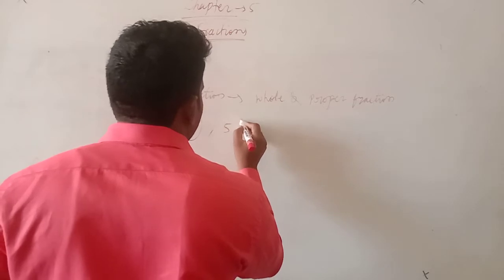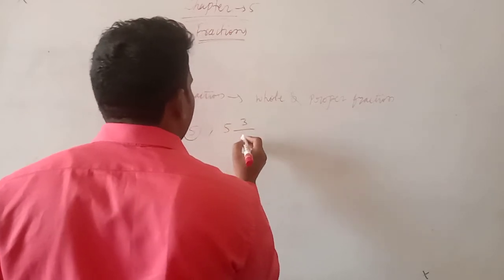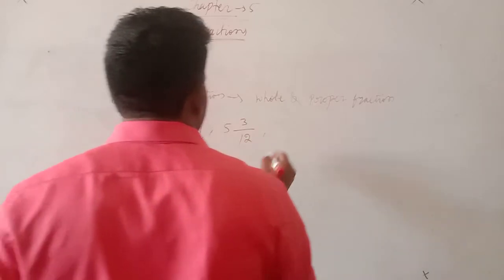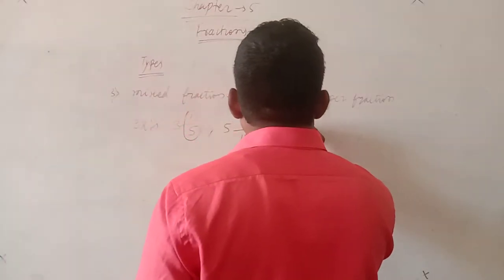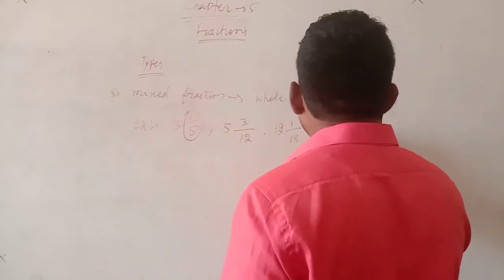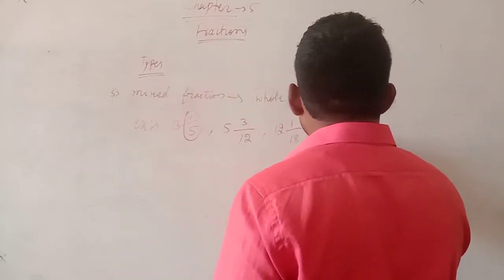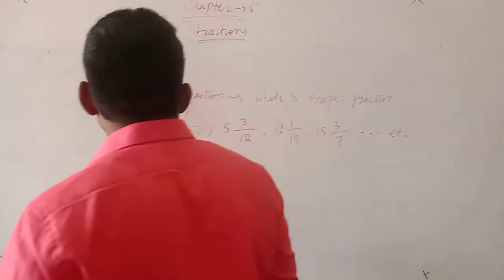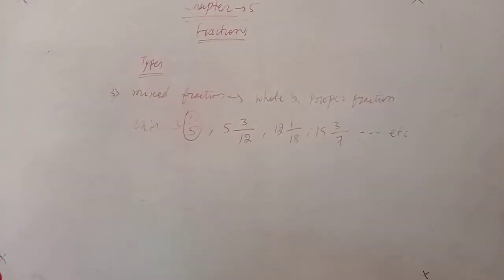5 whole 3 by 12, 12 whole 1 by 18, 15 whole 3 by 7, etc. This type of fraction is called a mixed fraction.